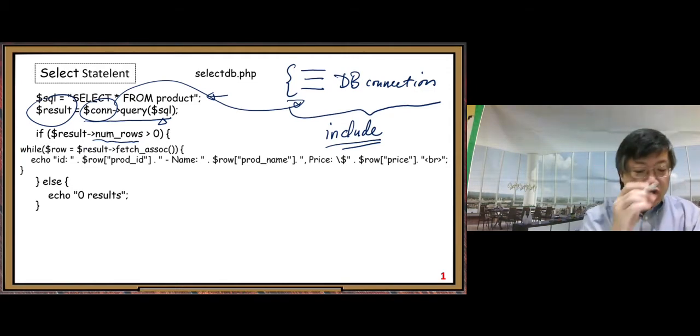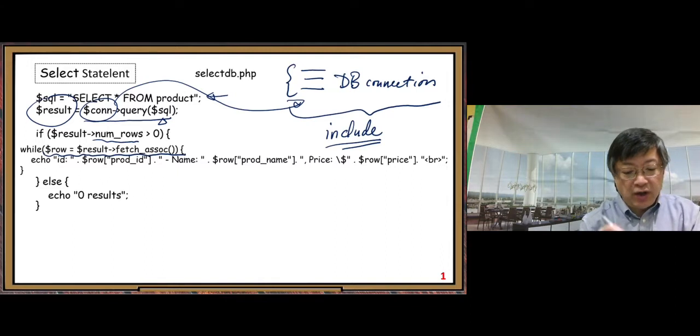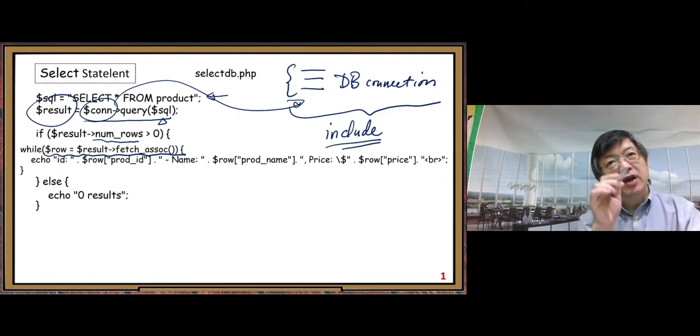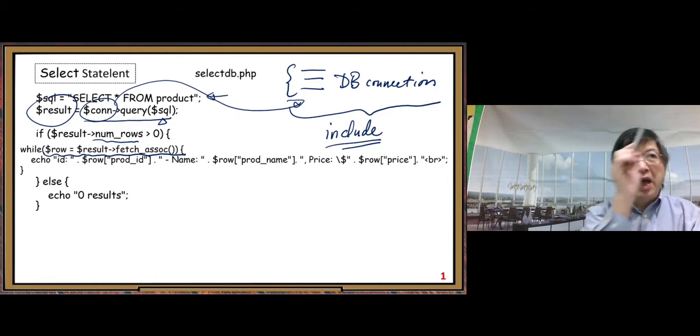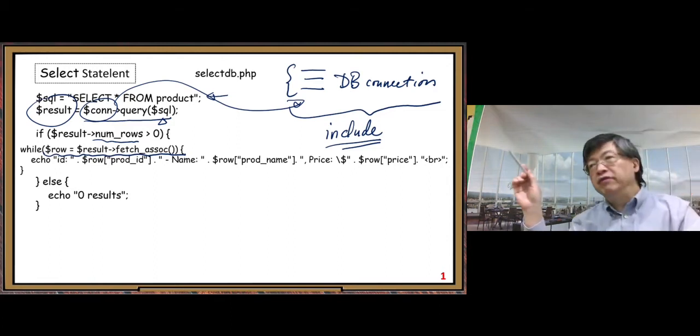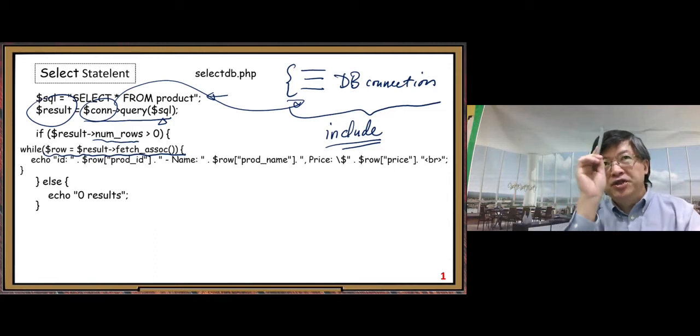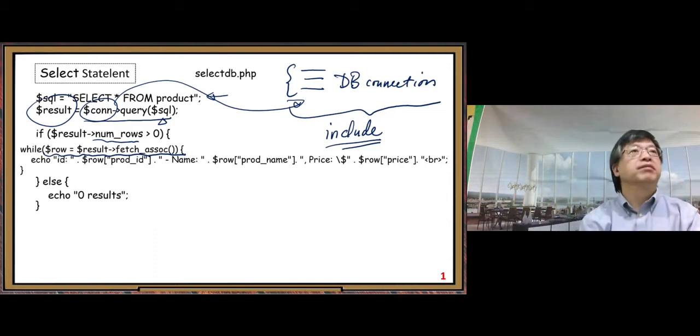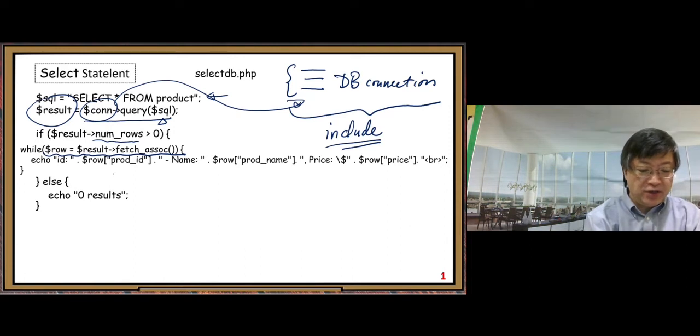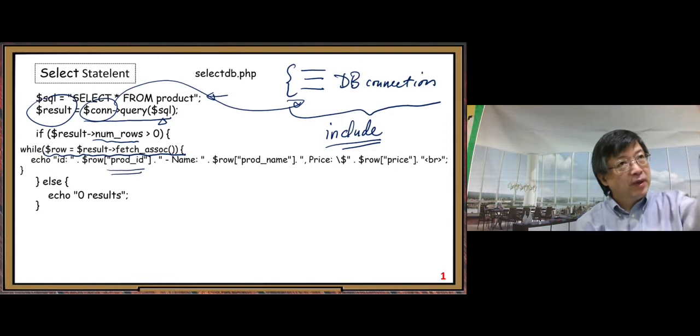For each row, we call fetch_assoc. So you can see we get a row of data using the associative array, $row. The field name is used as the key to access the value.